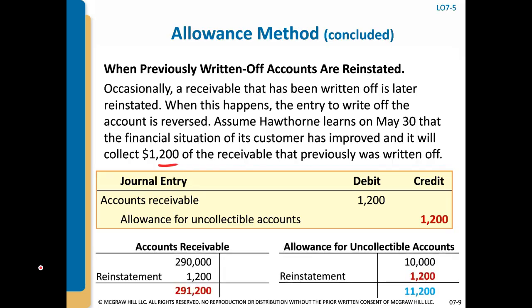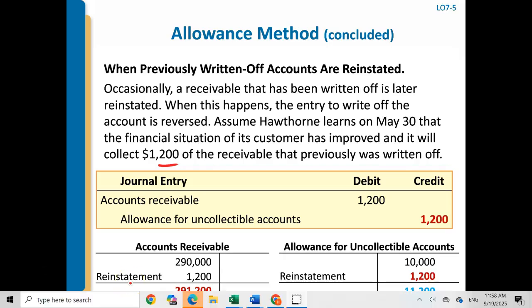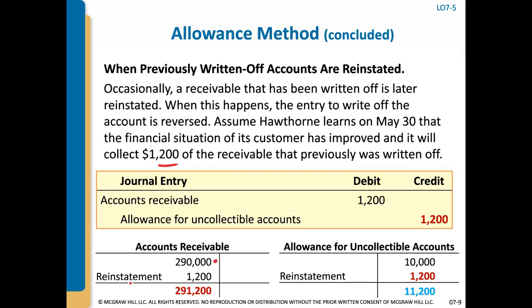So now we have to, because our accounts receivable is 290,000, but actually we think we're going to be able to collect 291,200.